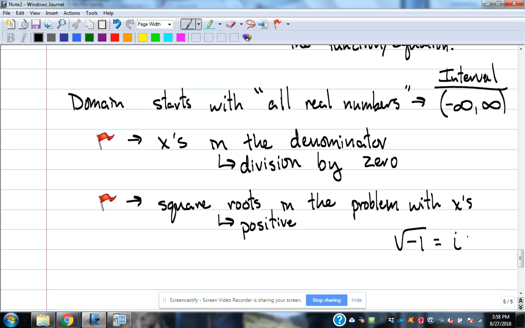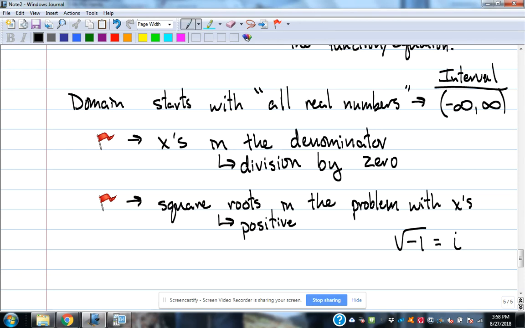Well, i's don't exist when we're talking about domain. Domain is only dealing with the x-axis on a graph. There are no i's on that. So what we've got to take care of there so we can talk about domain is we can only have positive square roots with an x inside of it. So that's the other red flag that could happen. So only two red flags exist as far as domain goes.